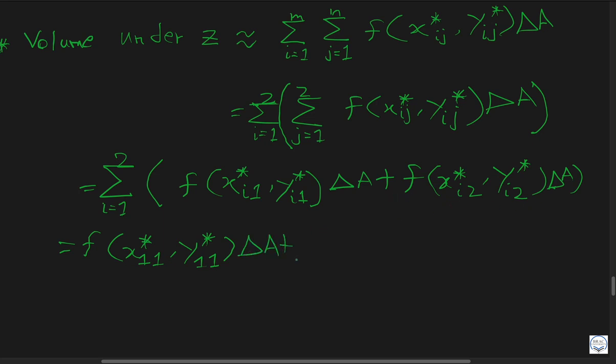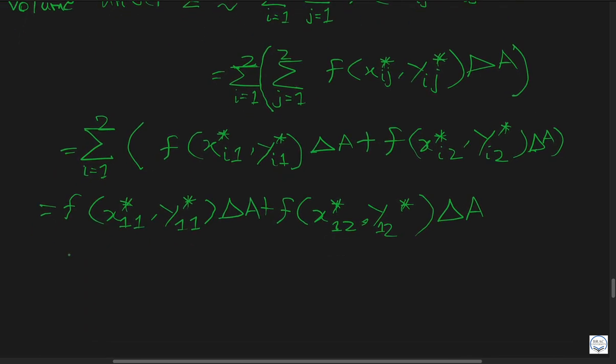Now we can apply the single summation for i equals 1 to 2. So let's do that. The first term will have x star 1 1, y star 1 1, because i is 1. We're still not done with the first term. We still have this one to go. x star 1 2, y star 1 2, delta A. Now let's go to the second term where i increases by 1 from 1 and it's now at 2.